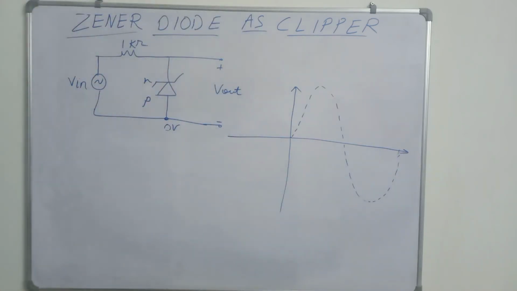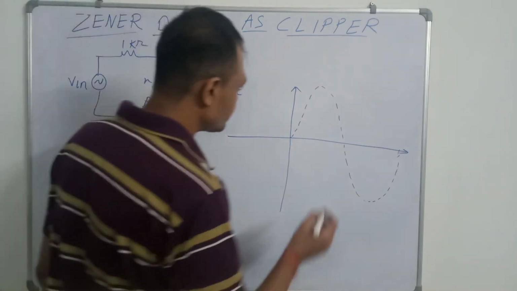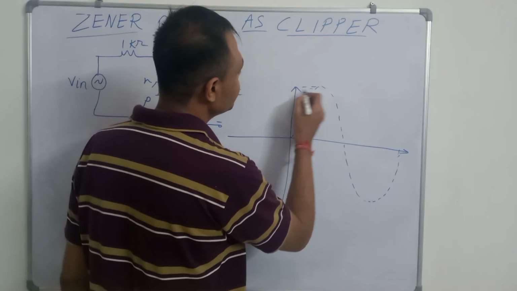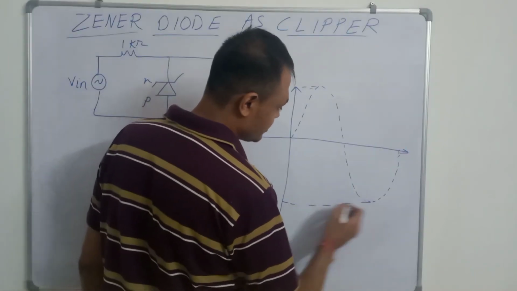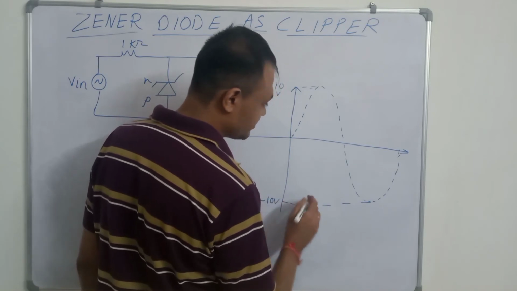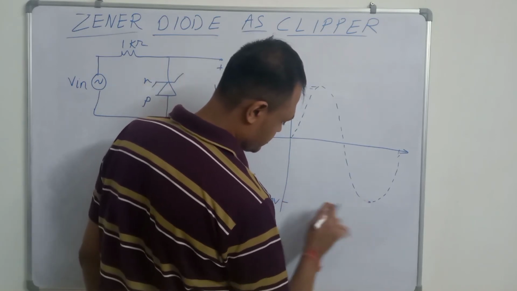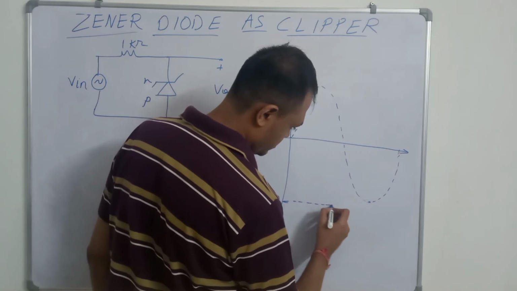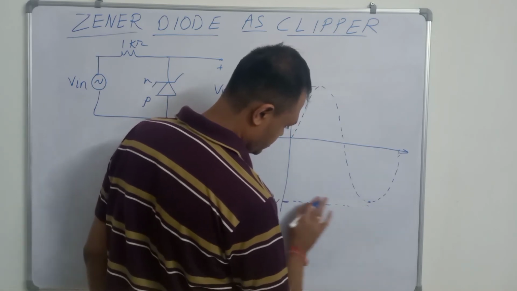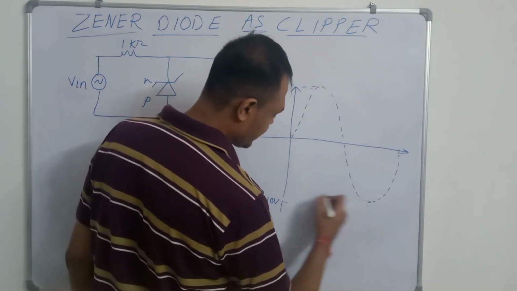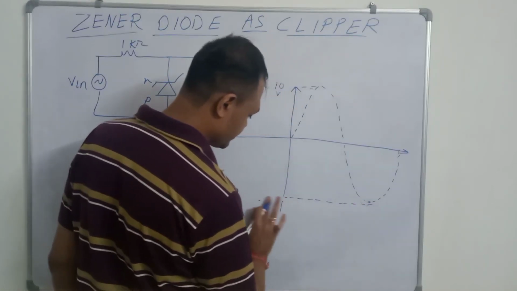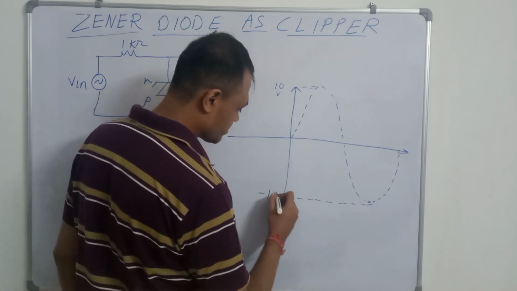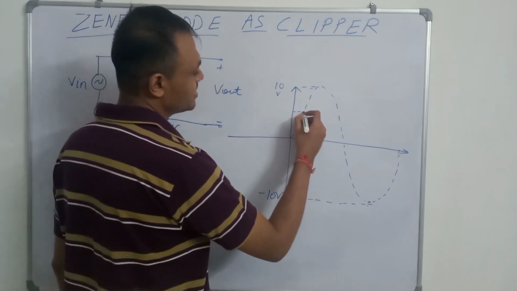Its maximum value is 10 volt, its minimum value is minus 10 volt, and this value is 6 volt.